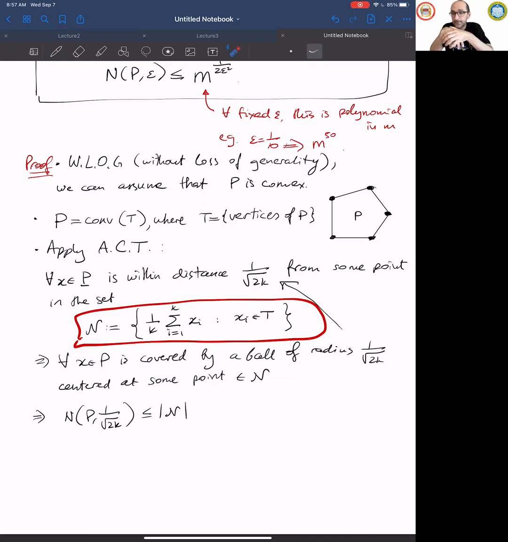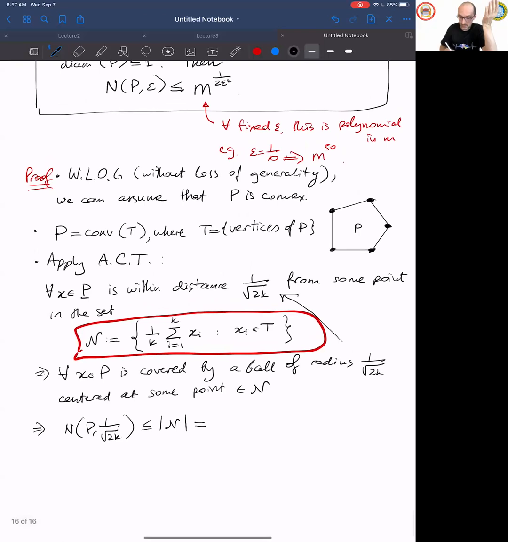So we choose k times from M vertices, and it's just M to the power of k. We don't even need any binomial.